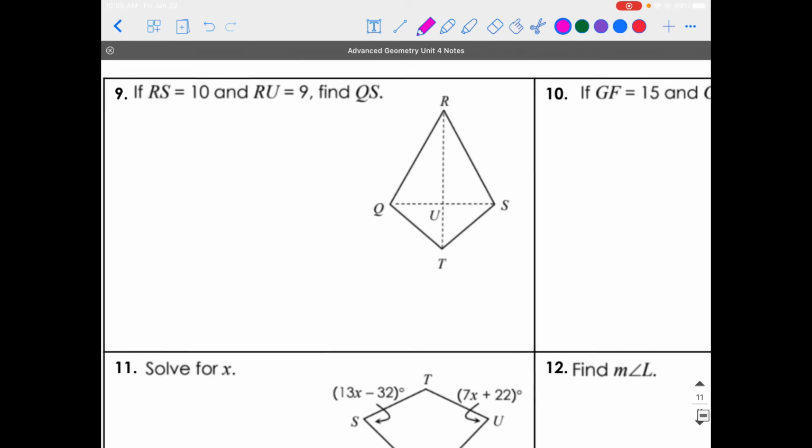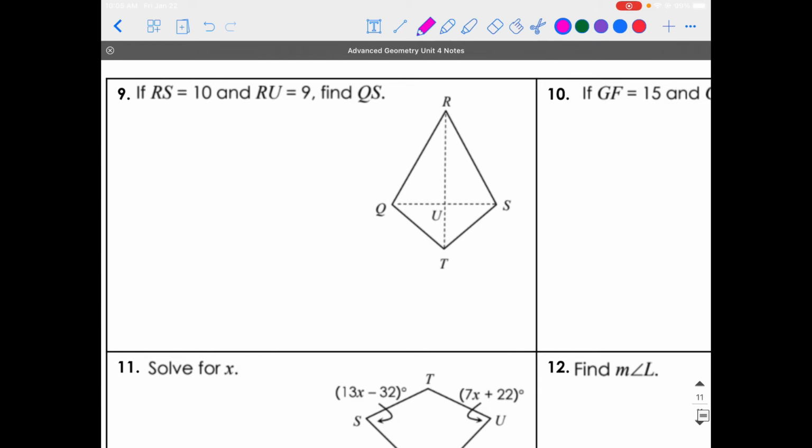All right, number 9 tells us that RS is 10, so RQ is 10. RU is 9. We want to find the entire QS, which we can't do with Pythagorean theorem unless we have a right triangle.